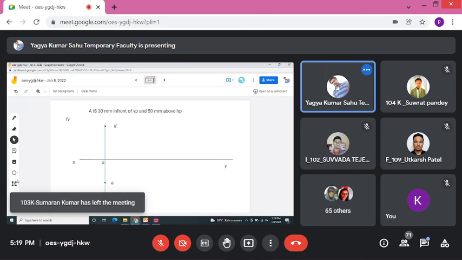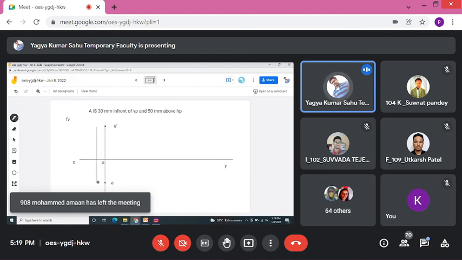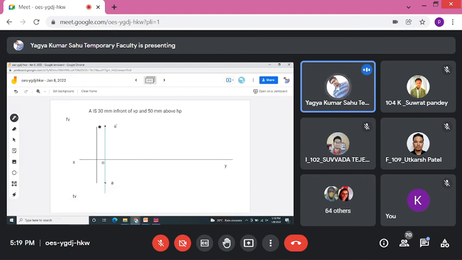And properly do the dimensioning also, using the dimension line and extension line like this. Make the arrowhead also in a proper way. Use a triangular set square and write down the distance.